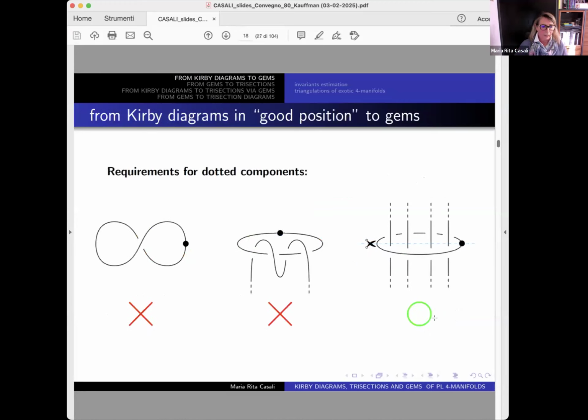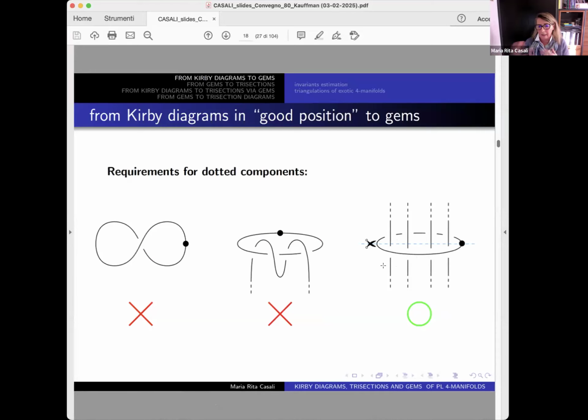Well, the construction I'm going to show makes use of connected Kirby diagrams such that their dotted components, if any, must be in good position. This means that besides being unknotted and unlinked, they are standardly embedded in the plane so that overcrossings and undercrossings never alternate on each dotted component, as you can see in this picture.